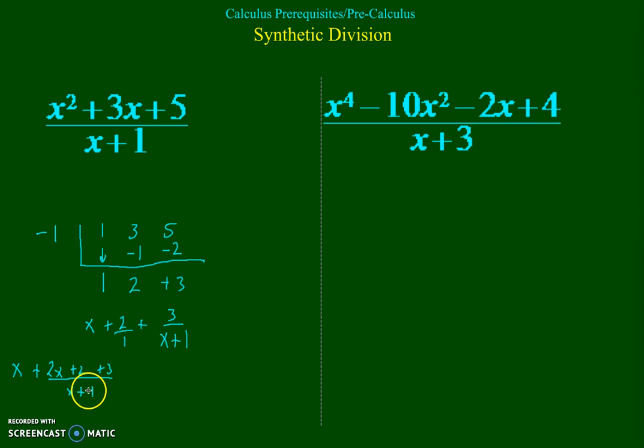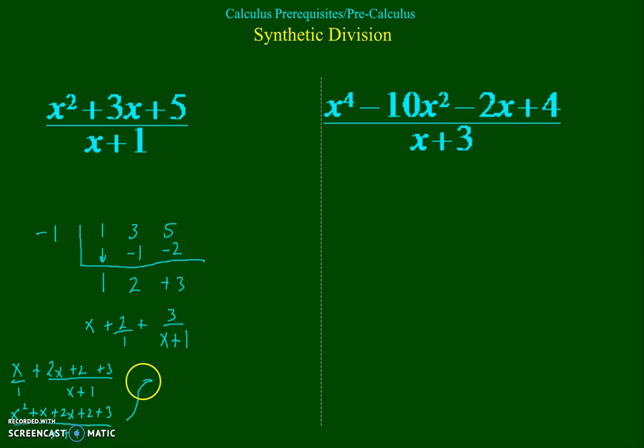Now we do the same thing using x over 1. So this times this gives us x squared. This times this plus x. This times this plus 2x plus 2 plus 3, all over this times this, which is x plus 1.